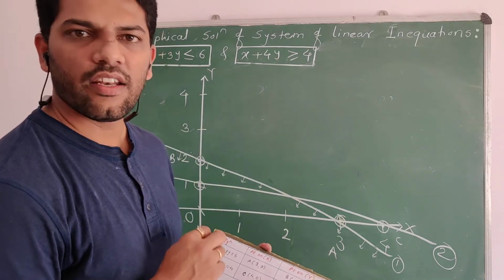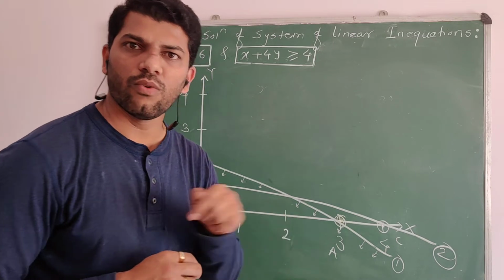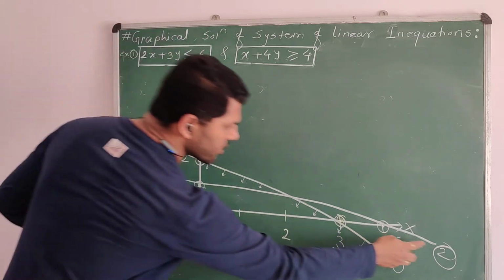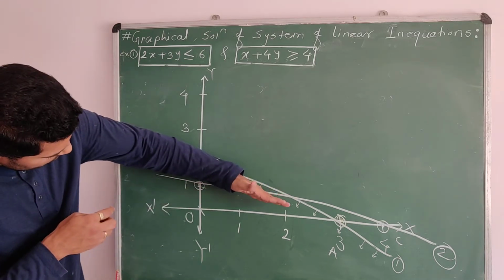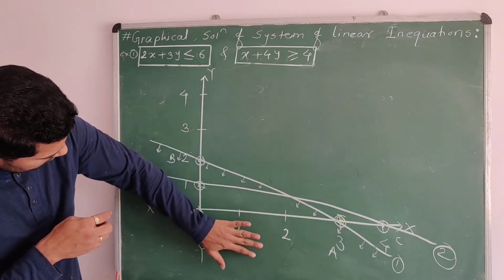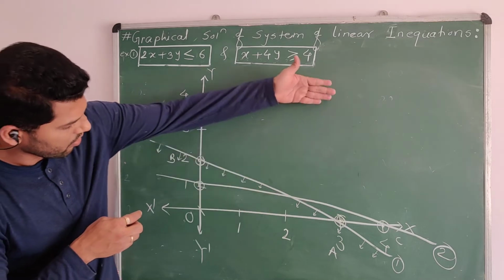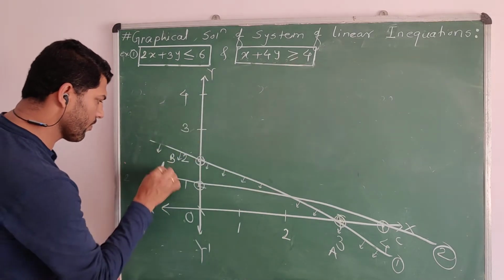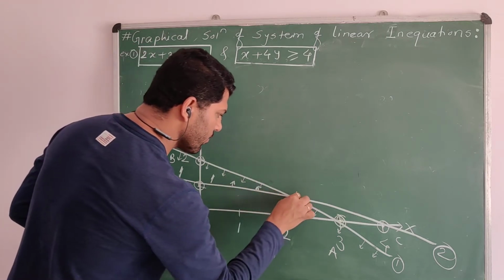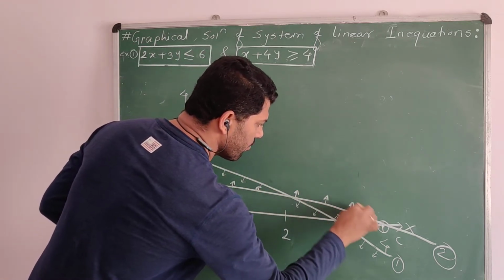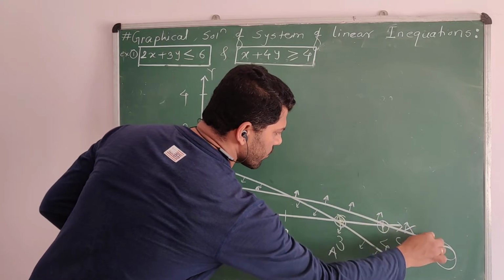For the second line, if you remember, the origin was invalid, which means the origin side is invalid. So shade on the non-origin side. Don't shade, just indicate it by these arrows.